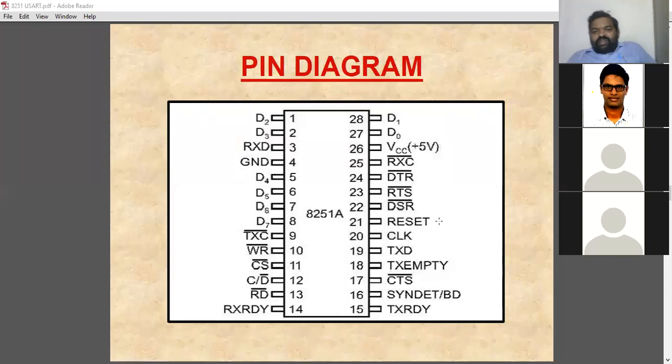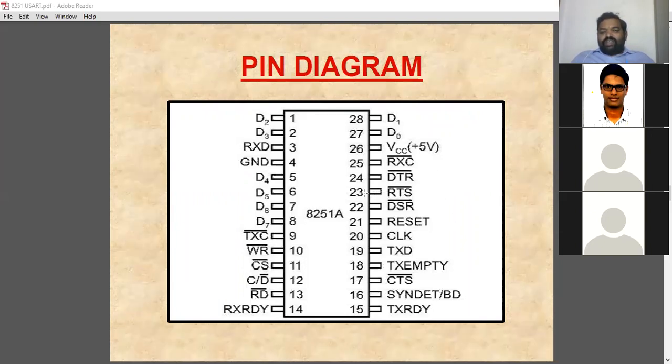Then DSR bar, data set ready, is an input signal to the 8251. This DSR bar signal comes from the modem. And after that, RTS bar. RTS bar is an output signal of the 8251, and this will be connected to the modem input.